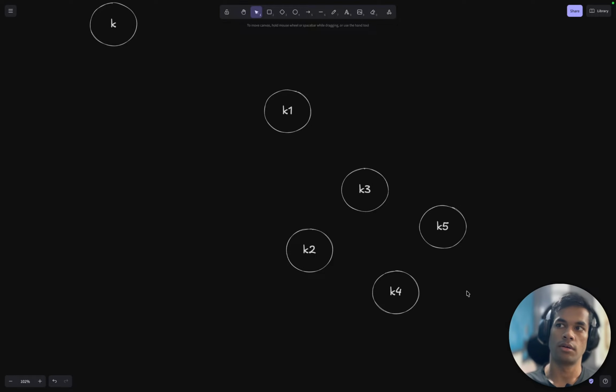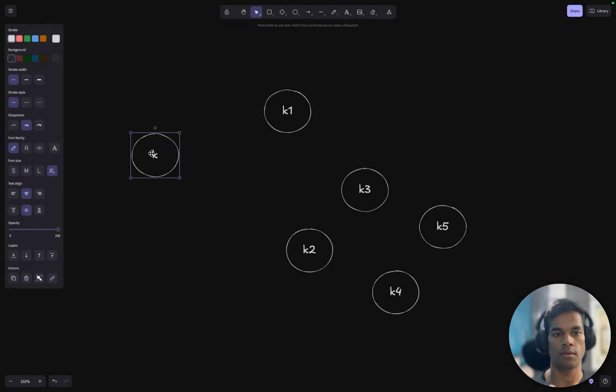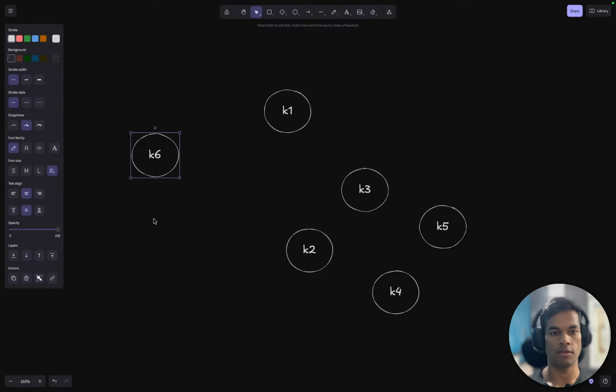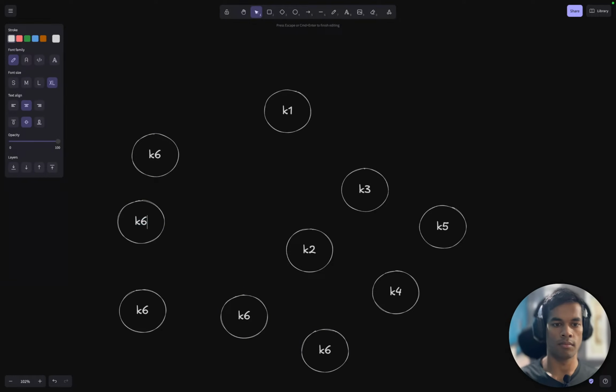Okay, let's increase the number of nodes that we have in this one. Let's take it up to 10. K5, K6, K7, K8, K9, and then at the end we have key number 10.